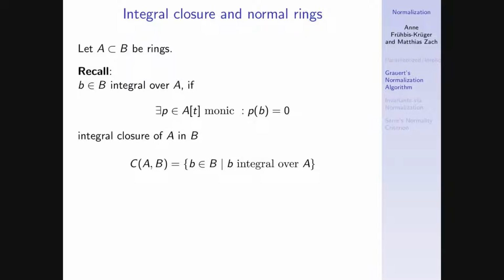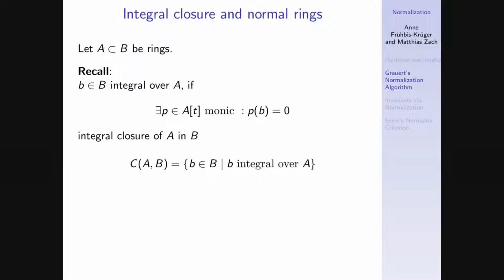So let A and B be rings, and an element b of the bigger ring is called integral over A if it is a zero of a monic polynomial in the polynomial ring in one variable over A. So what's monic meant to say? It means the leading coefficient, the coefficient of the highest monomial, is 1.